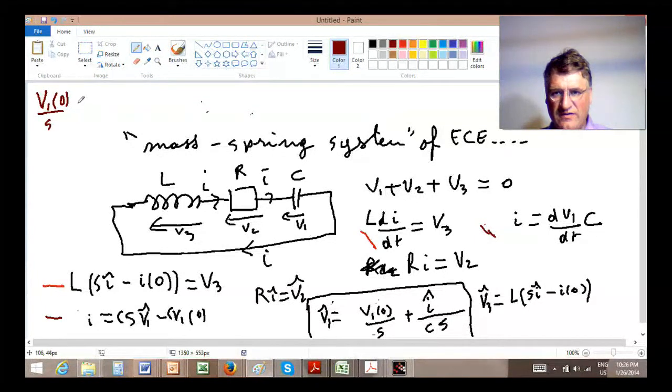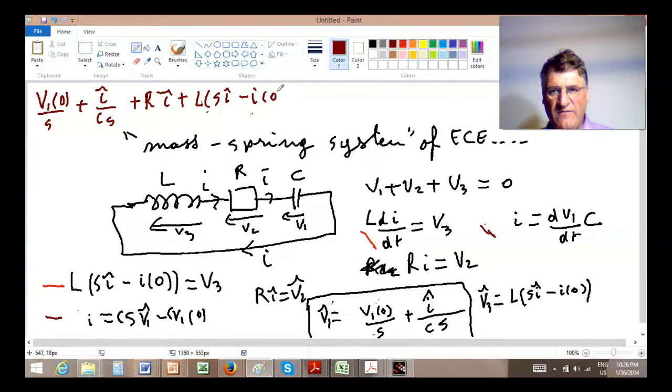over S plus I hat over CS plus V2, which is R times I hat, plus V3, which is L times S I minus I of 0, is equal to 0.